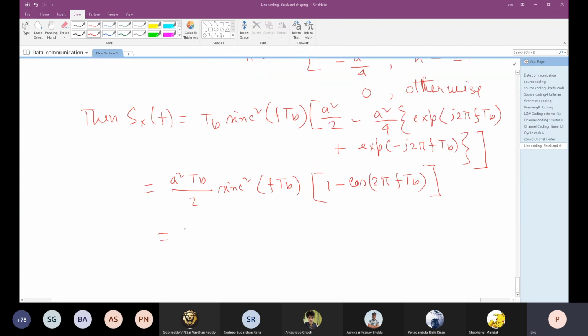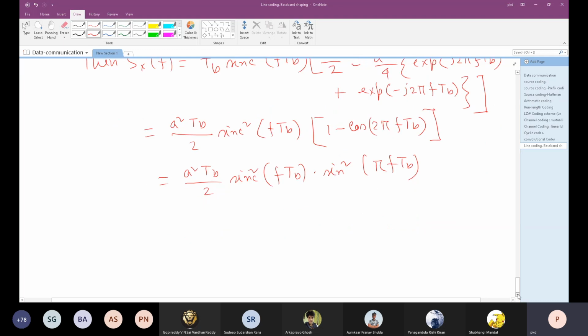This can be written also in terms of sine square pi f Tb. Because of this sine square extra term here, this will shift the spectrum away from the DC part.